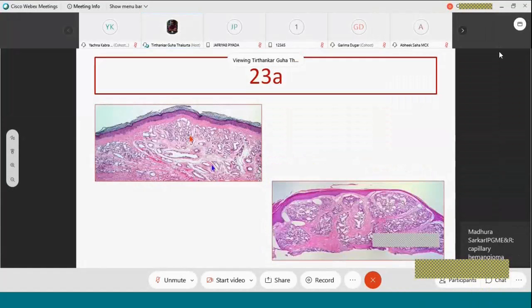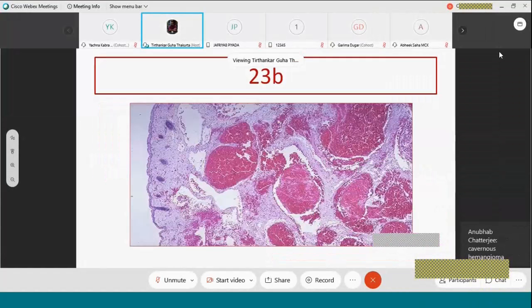This is papillary hemangioma. And accordingly, this one will be called? Very good. These are large vascular spaces containing blood and maybe thrombus. So this is cavernous hemangioma.